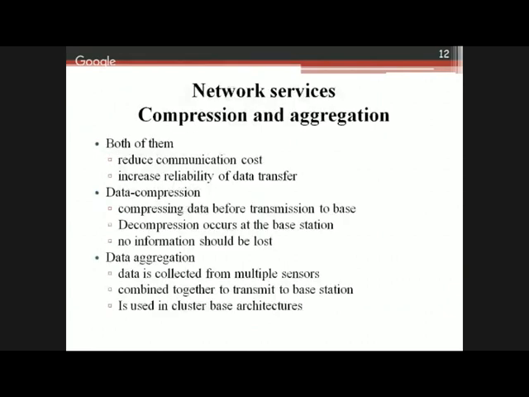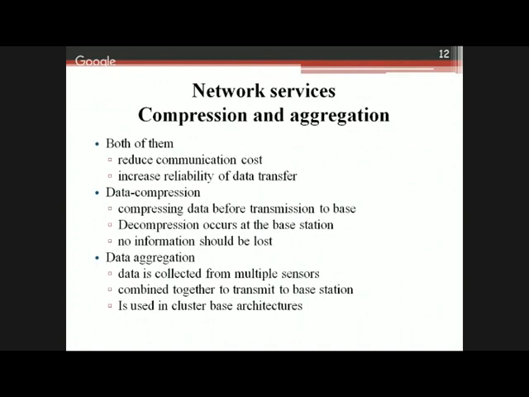So what are the network services provided by which we can save our power? Two of them are compression and aggregation, and both basically reduce the communication cost and increase the reliability of data transfer.